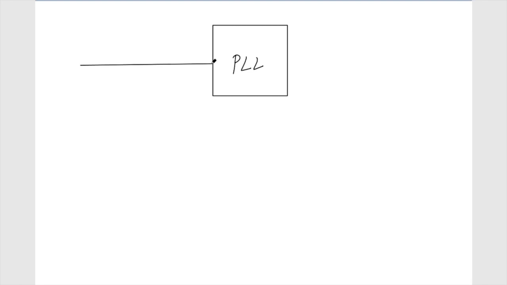So let's try to understand the principle of the PLL, how it works as a clock multiplier. What we mean by a clock multiplier is something like this. I have a PLL here, and suppose I am providing a clock as an input clock. This is my input clock, and this is my output clock.